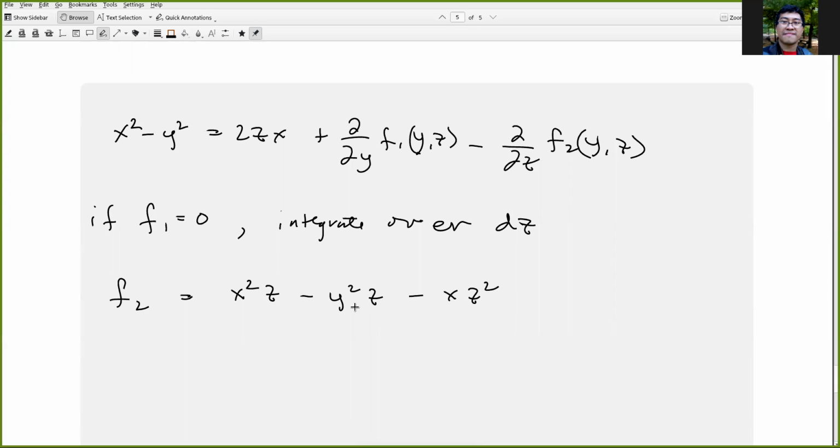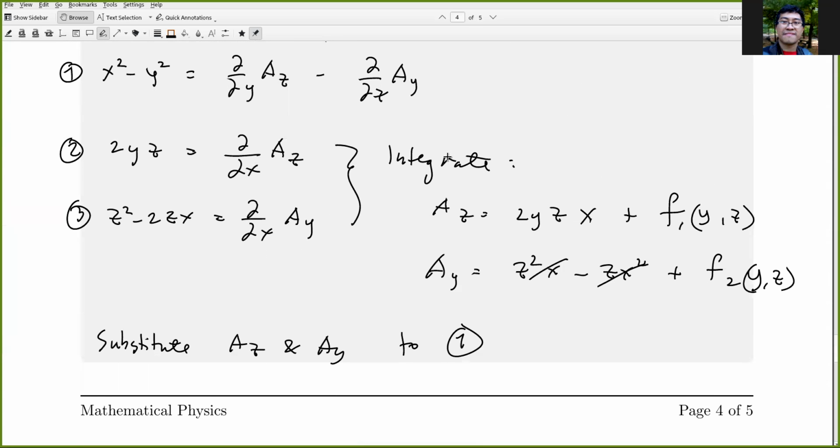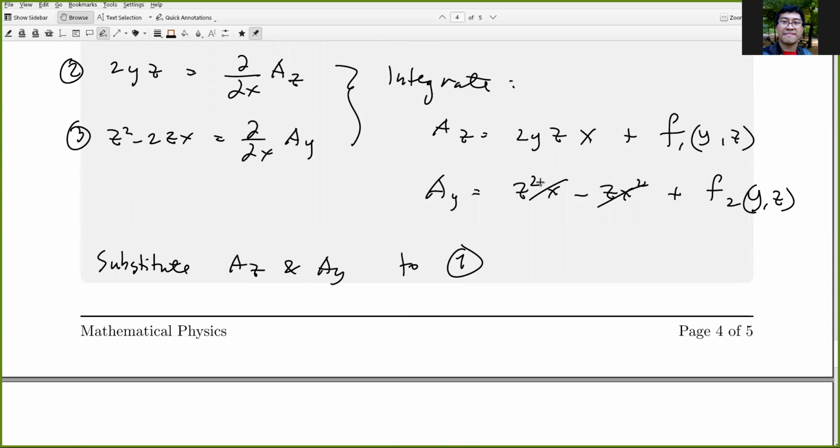Let me just check this. Let me check if we missed something. Okay, I think we missed something. This is a mistake here. These two are not supposed to cancel. Oops. This is z squared x, z x squared.